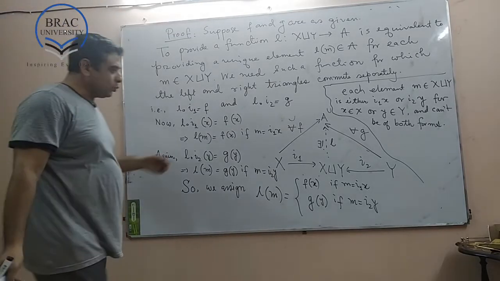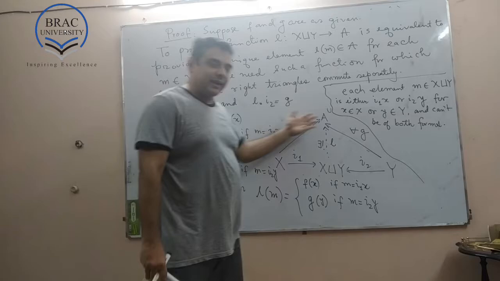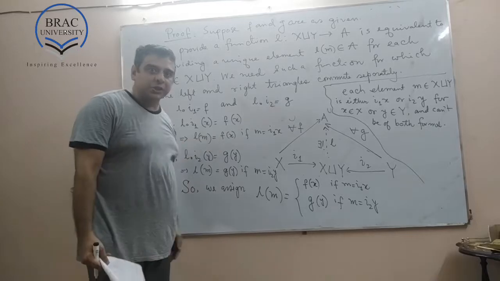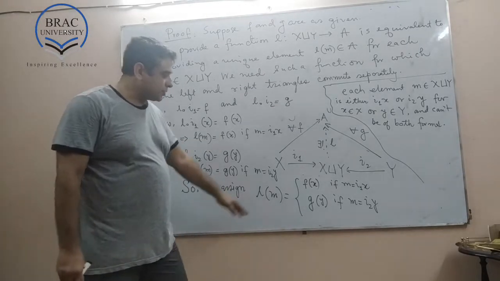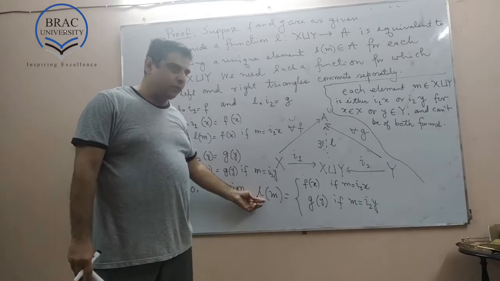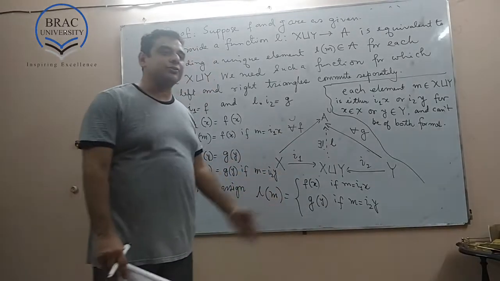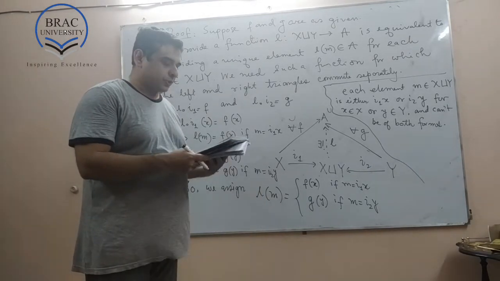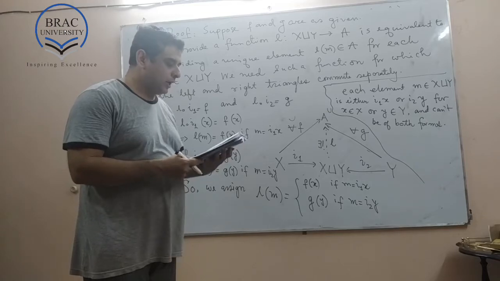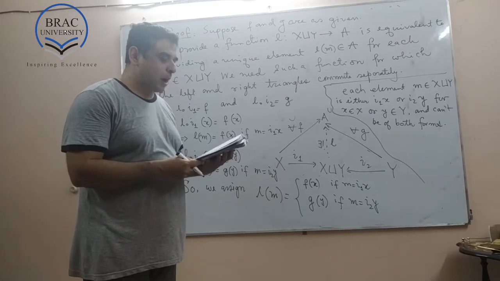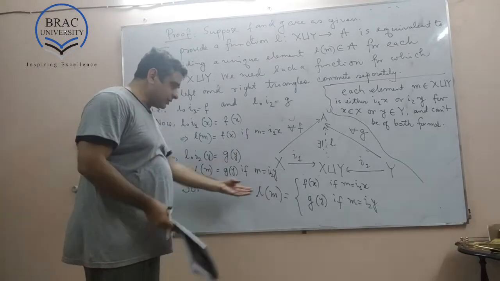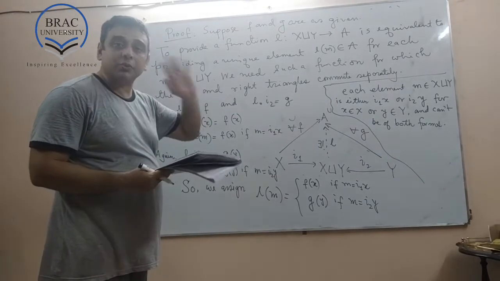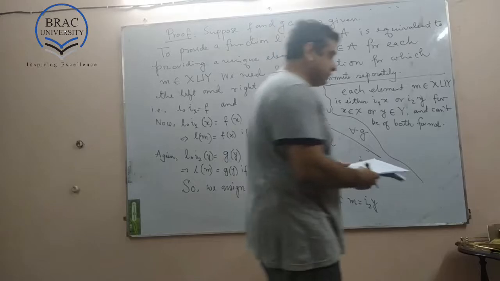So this way we can define L so that the entire diagram commutes. We sort of did a back calculation to check what will be a very nice definition for L. And this is the best definition for L for which everything will commute, and hence this proves the existence of this function. Similarly, you can prove the uniqueness as well. So this assignment is necessary and sufficient to make all relevant diagrams commute. Okay? So this is the proof.